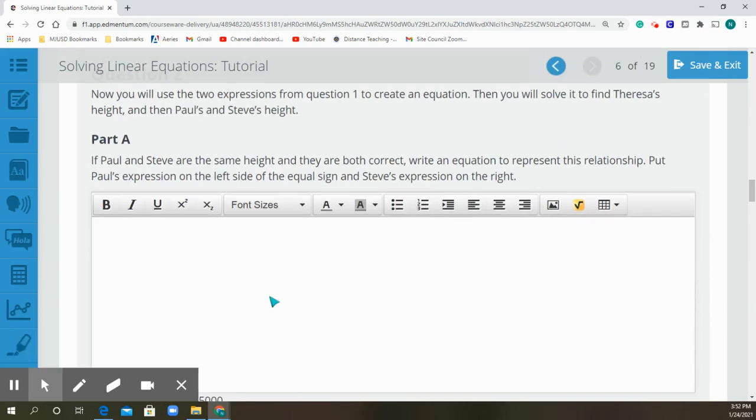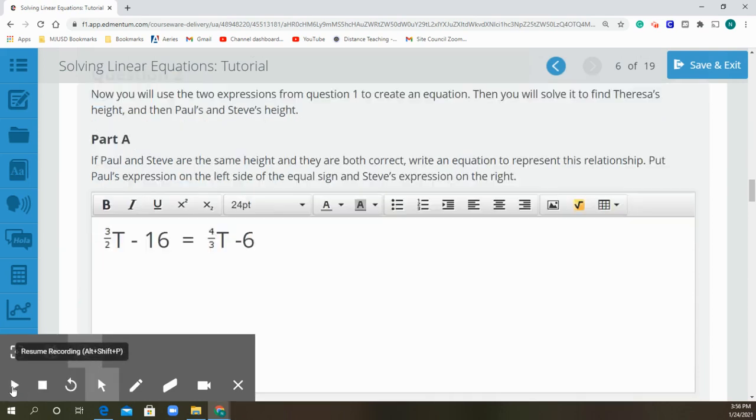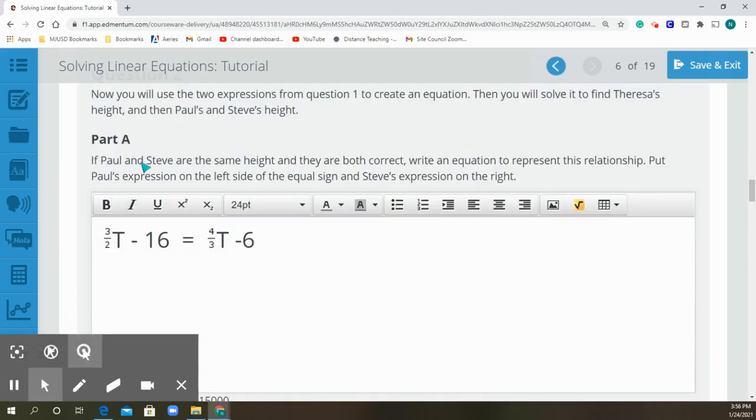Okay, question number 2. Now, you will use the two expressions from question 1 to create an equation. Then you will solve it to find Teresa's height and then Paul and Steve's height. If Paul and Steve are the same height and they are both correct, write an equation.